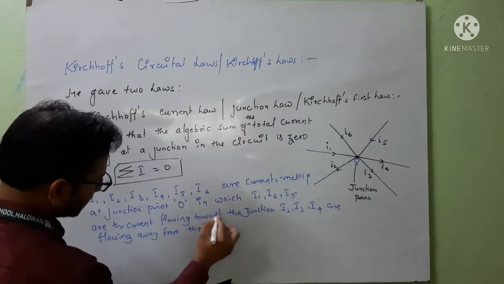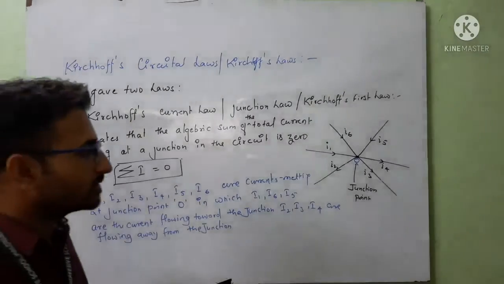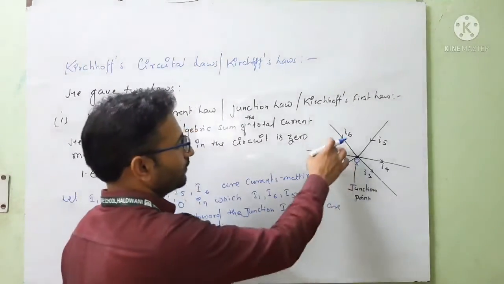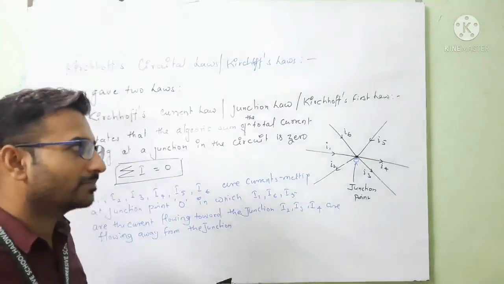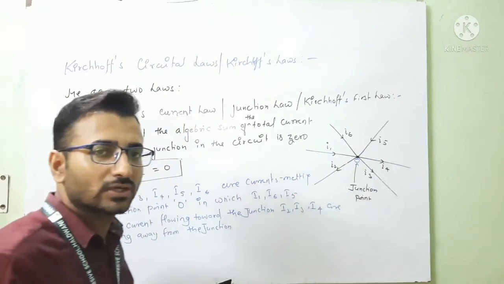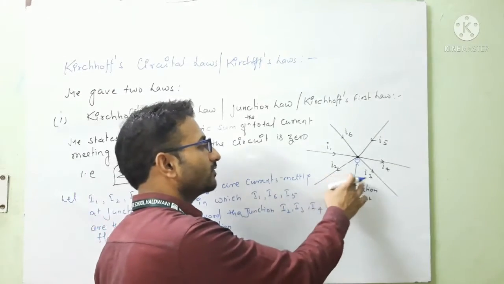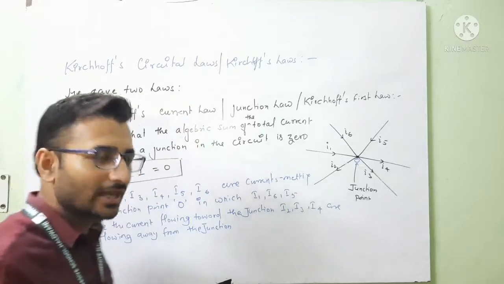Okay, got it, student? So if we use the sign convention, the current which is flowing toward the junction is taken as positive, and the current which is flowing away from the junction is taken as negative.